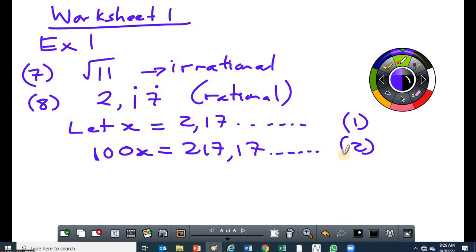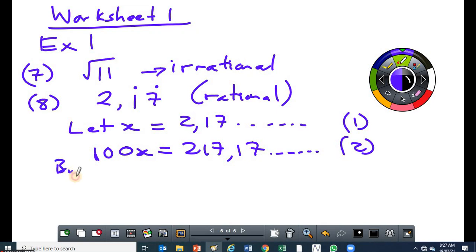Okay? And make sure that the number of decimal places is the same in the first equation and the second equation. Because remember, when you are doing this calculation, you are not supposed to use a calculator. Okay? Then you subtract equation 1 from what? Equation 2.